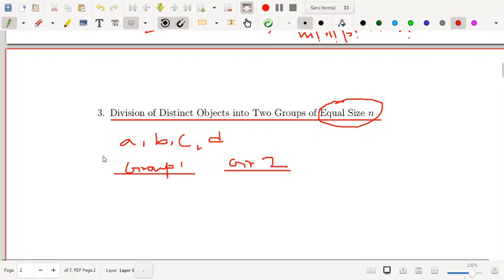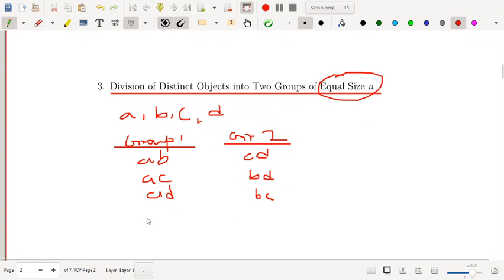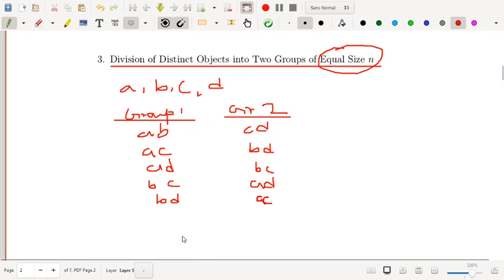I am talking about only 4 objects in groups of size 2. So what is your division? AB, CD; AC, BD; AD, BC; BC, AD; BD, AC; CD, AB.